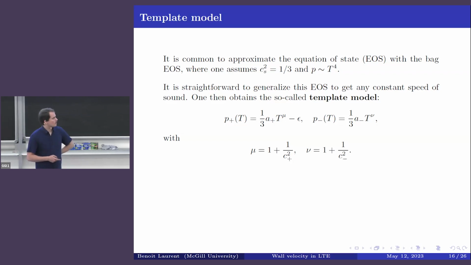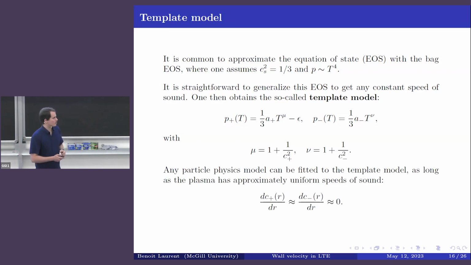And yes, this allows us to fit our particle physics model to this very simple function, as long as the speed of sound in the plasma is approximately uniform. So basically, the speed of sound cannot be a function of the temperature in that approximation. But in a lot of cases, this is a pretty reasonable approximation.